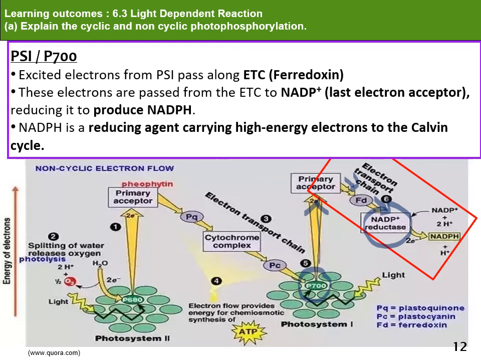At the same time NADP+ also receives the 2 protons derived from photolysis of water. So NADPH is produced. NADPH is a reducing agent carrying high energy electrons to the Calvin cycle.